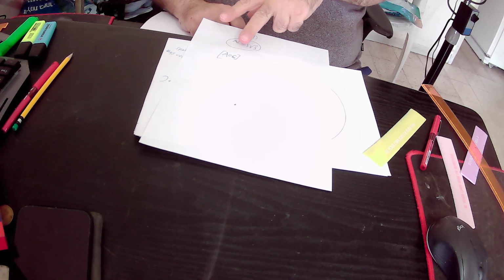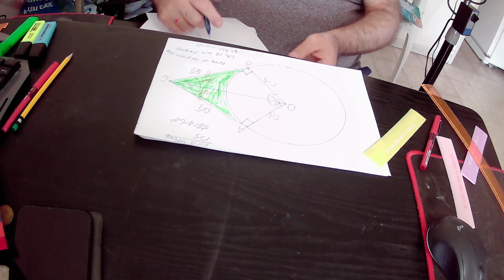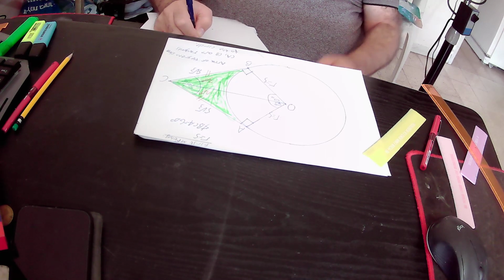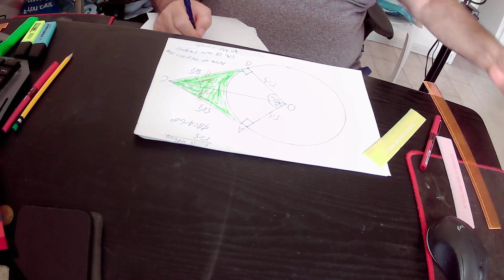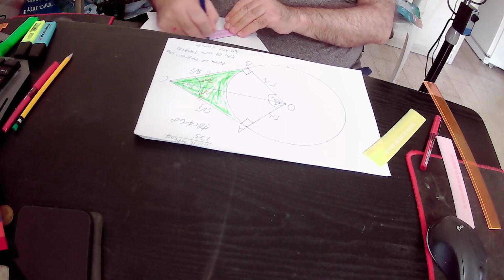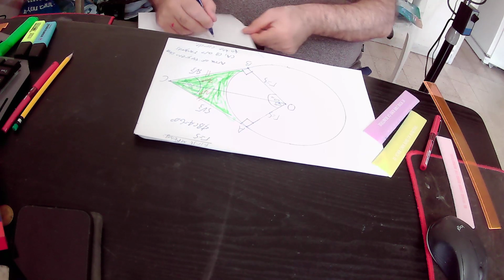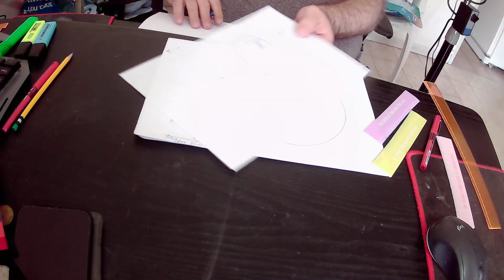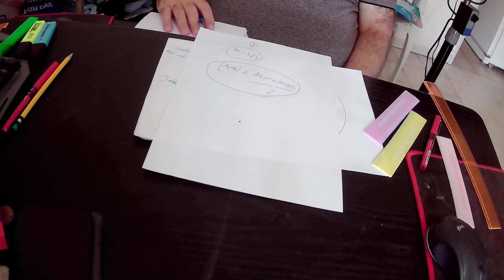The area of triangle AOC equals the base of the triangle times the height to the base over 2.